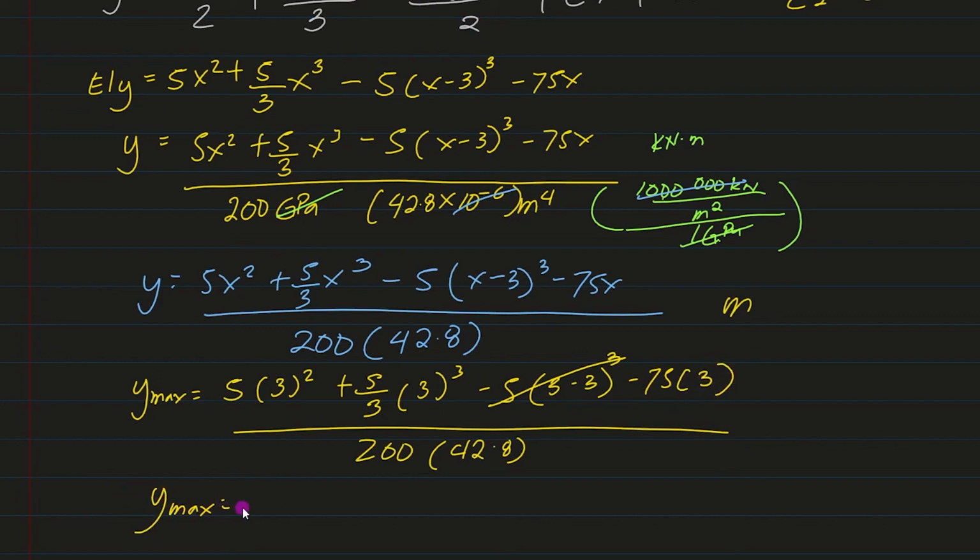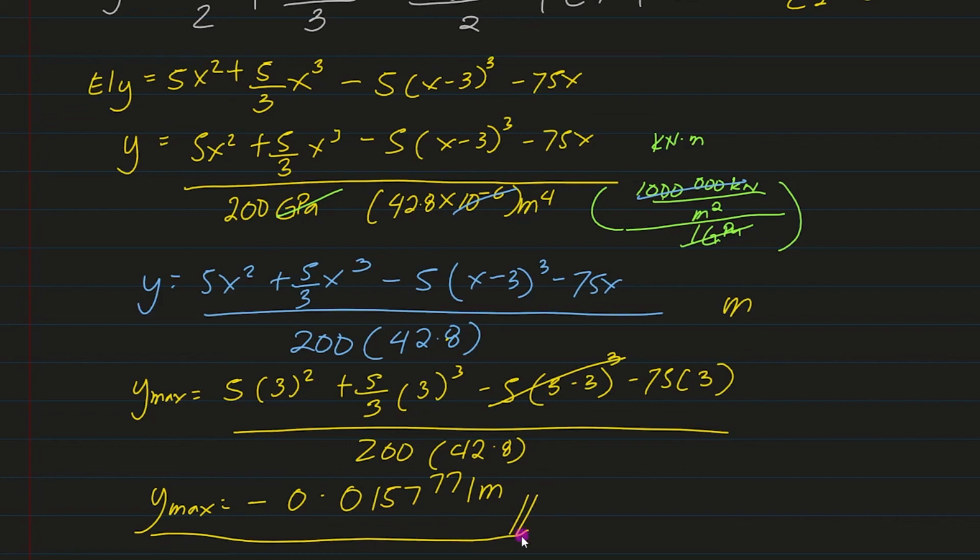Using a calculator, of course. Okay, so our answer is equal to negative 0.0157771 and so on, in meters. So this is the maximum deflection.